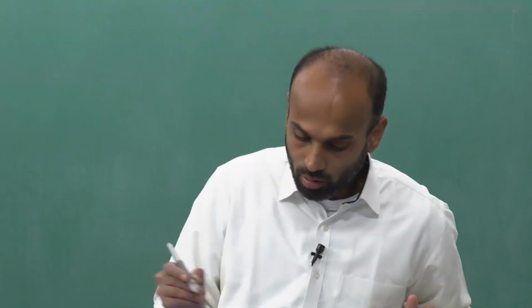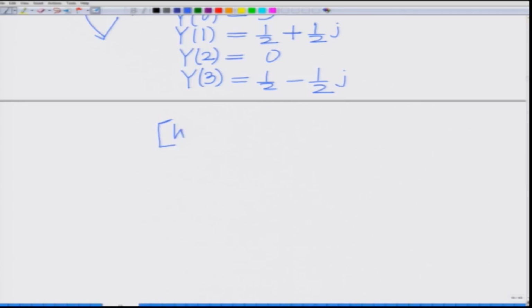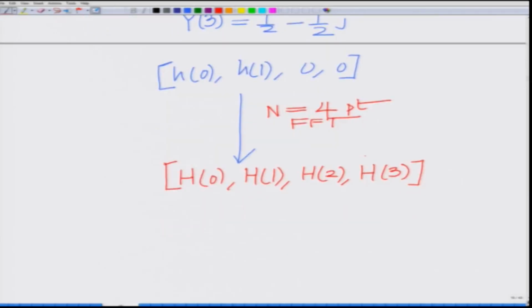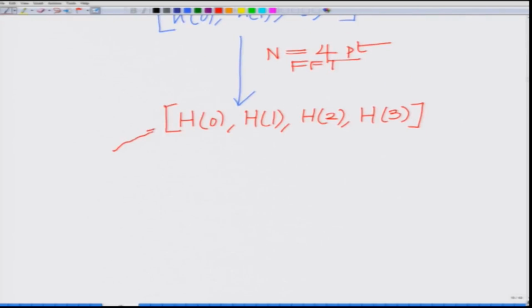So, I have h0, h1, you pad them with zeros and take the N equal to 4 point FFT, and you get the channel coefficients in the frequency domain.